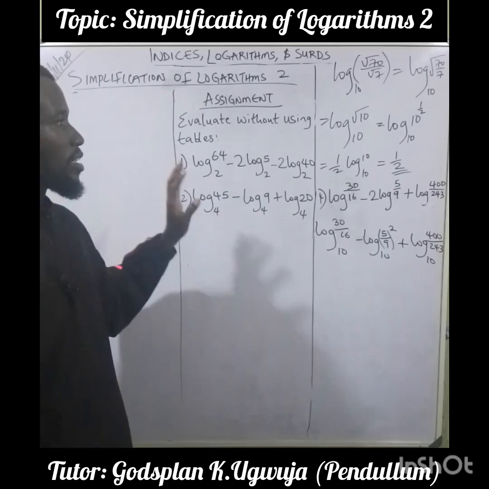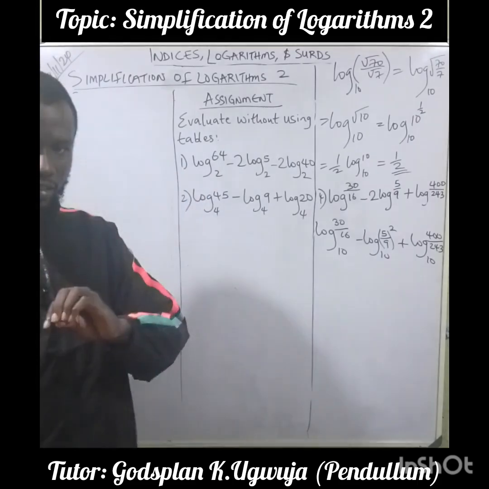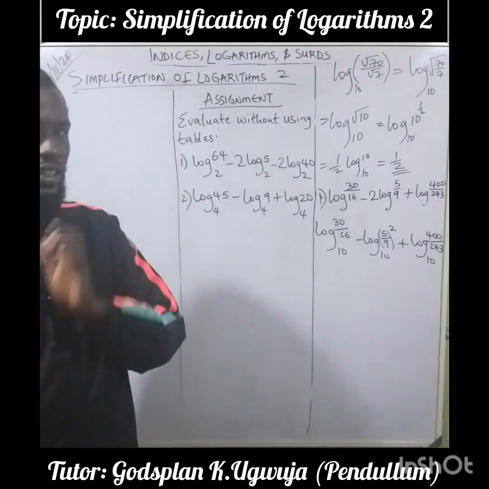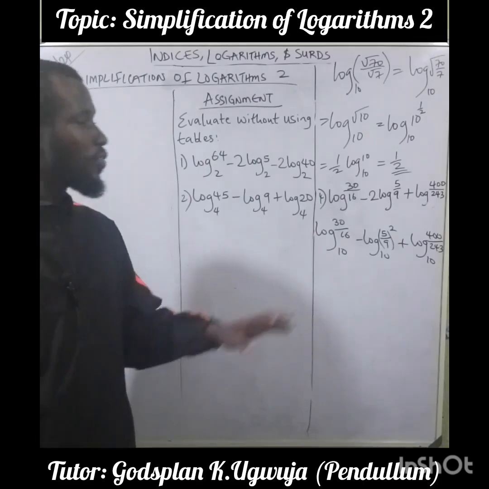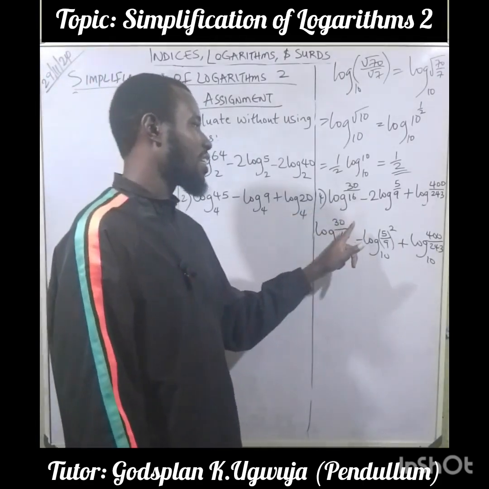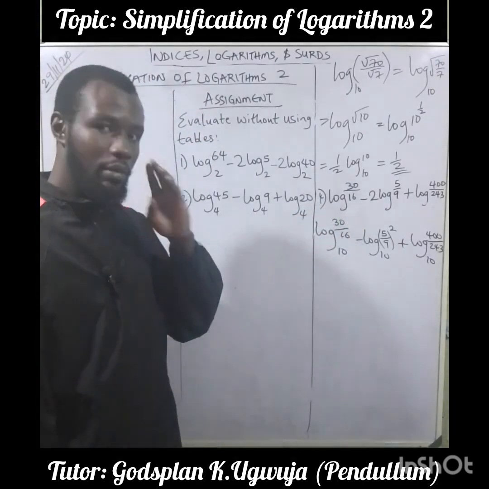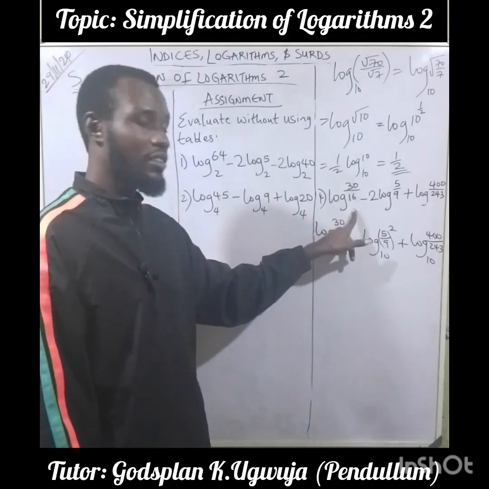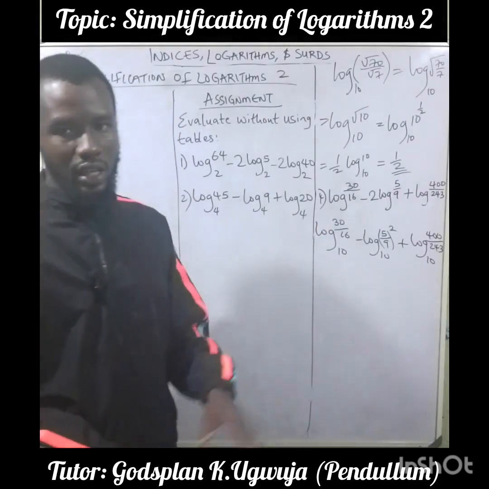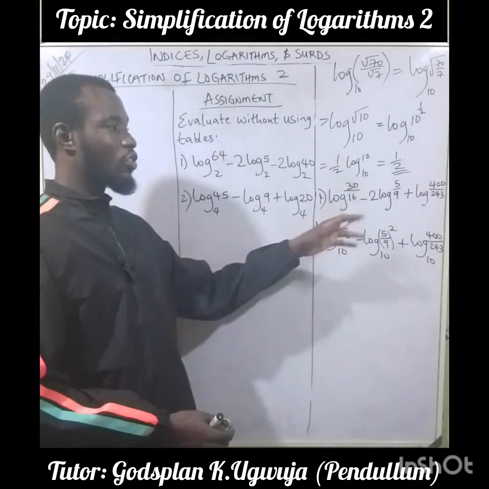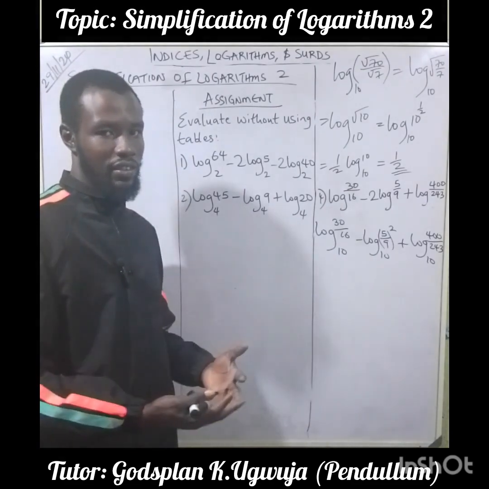Just like we did number bases, decimal or base 10 is the natural base. Also a logarithm, base 10 is the natural logarithm. So if the base of the logarithm is not indicated, you assume that it is in base 10.